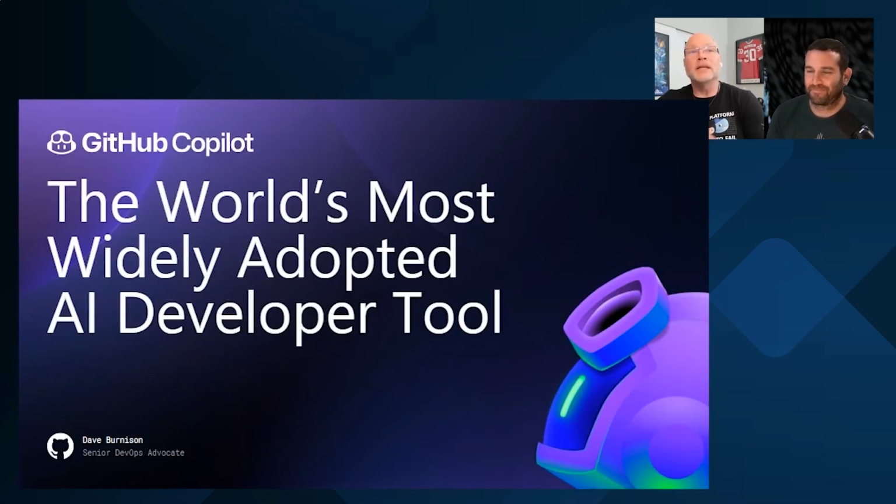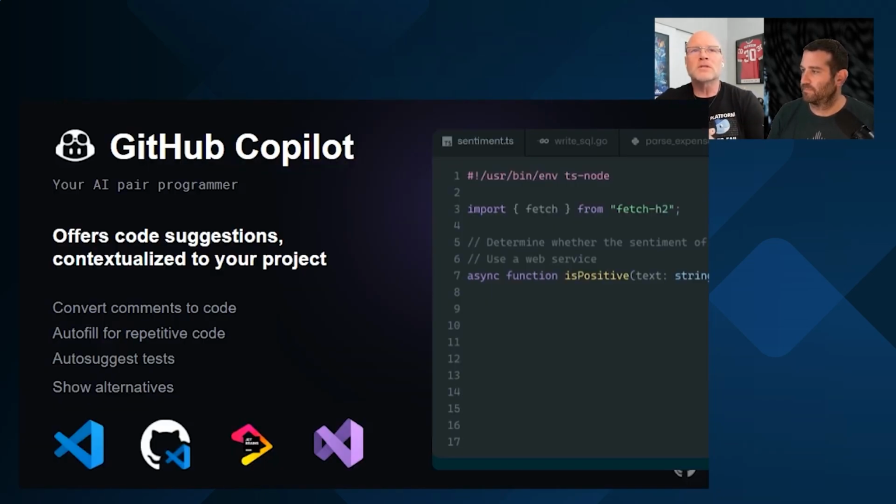Yep, exactly. And then the other thing I want to talk about briefly, GitHub Copilot. This has become the world's most widely adopted AI developer tool. We had some exciting announcements last week at GitHub Universe. Definitely encourage you to check those out. But just to level set everybody here, let's talk about the history of Copilot.